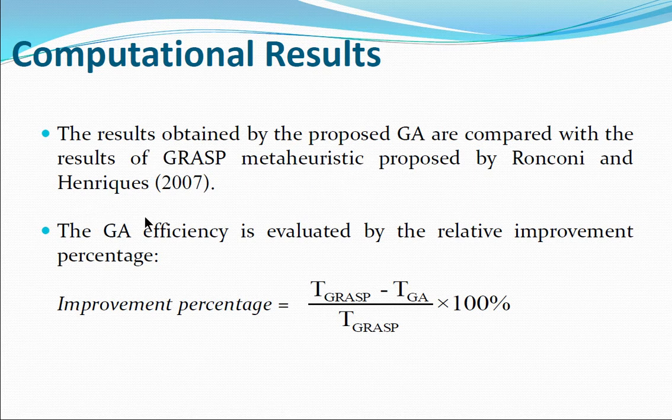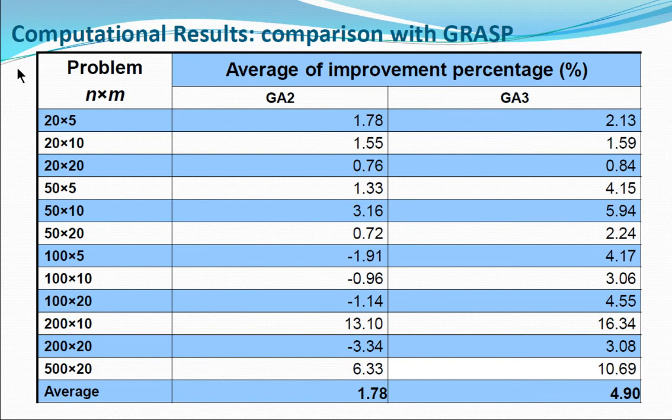And the GA efficiency is evaluated by the relative improvement percentage given by this formula, where T is the value of the total tardiness obtained by each algorithm. So in this table, we have the average of improvement percentage obtained by the GA with local search and the GA with local search and path relinking.